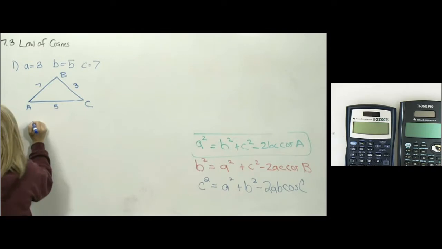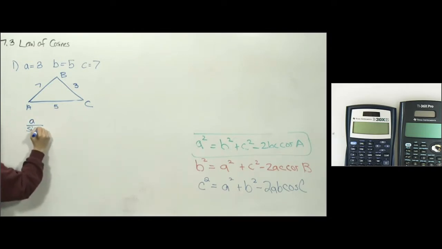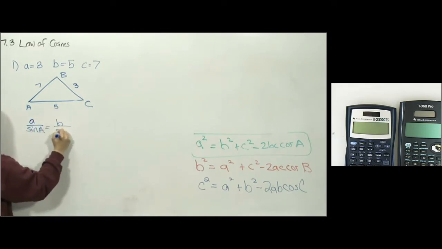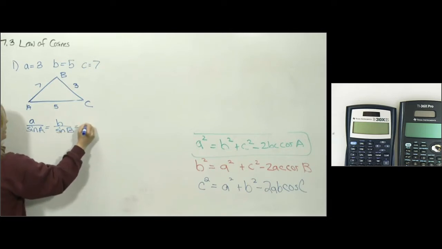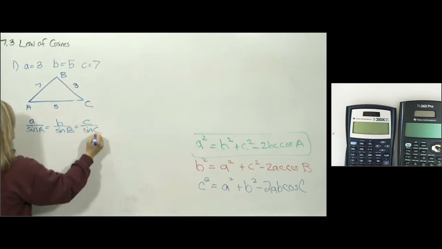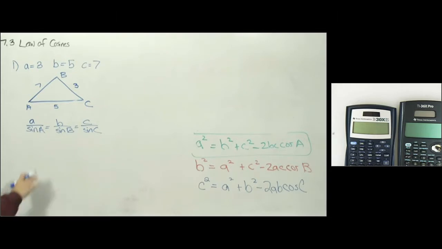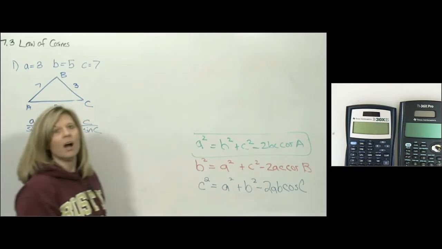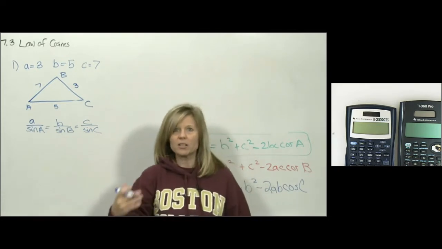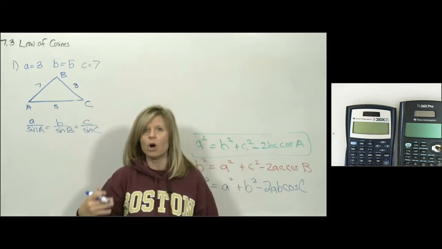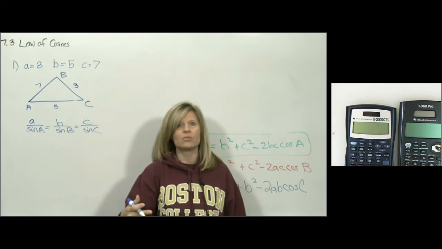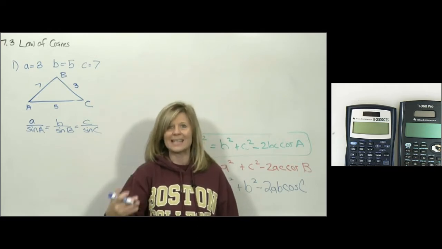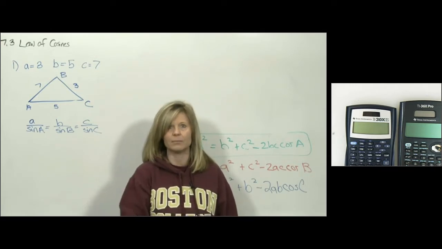You know law of sines is a over sine A equals b over sine B equals c over sine C. You would want to decide to do law of sines to pick 2 of those fractions. We've talked about it. When you decide to do law of sines, the first fraction you use is the one where you know a side and an angle. That's given.